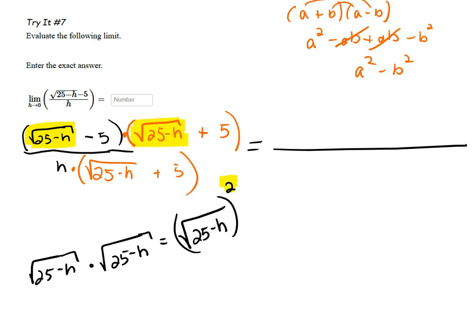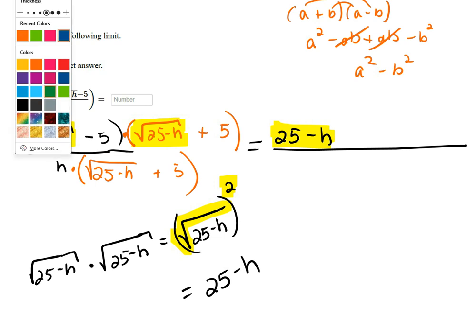And then the squared and the square root sign cancel each other out, so all you're left with is the 25 minus h. That's what I get when I take first times first.